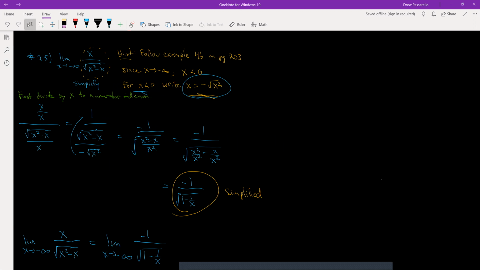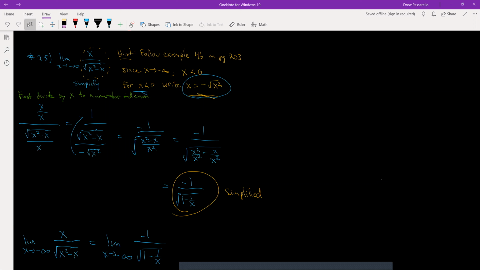On the bottom, it was the square root of x squared minus x divided by x. Then I just substituted negative square root of x squared in for x for the bottom part. And so I combined the bottom part into one square root, since you can do that. And I put the minus sign up top with the 1, so that way I don't get a bunch of minus signs mixed up on the bottom. So I put that up top, so it's minus 1 up top.